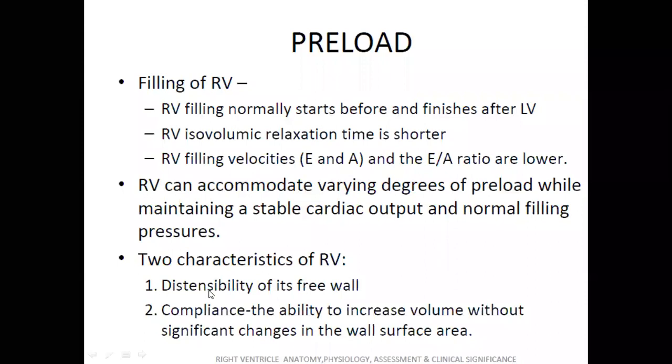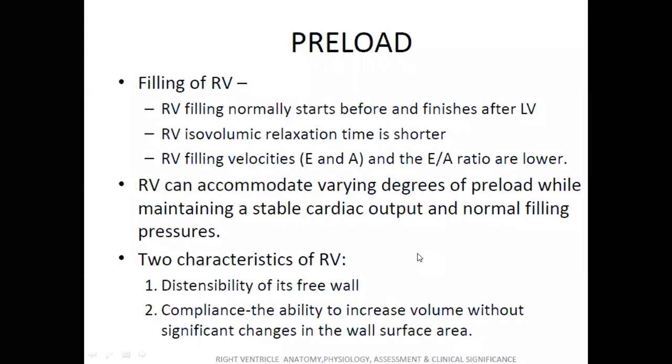One is distensibility of its free wall. The free wall distensibility has a limitation, so it has a reserve, but because of the pericardial constraint it is limited, so it can't accommodate without limit. And the other is that increased volume overload results in underfilling of the left ventricle because of the shared septum.